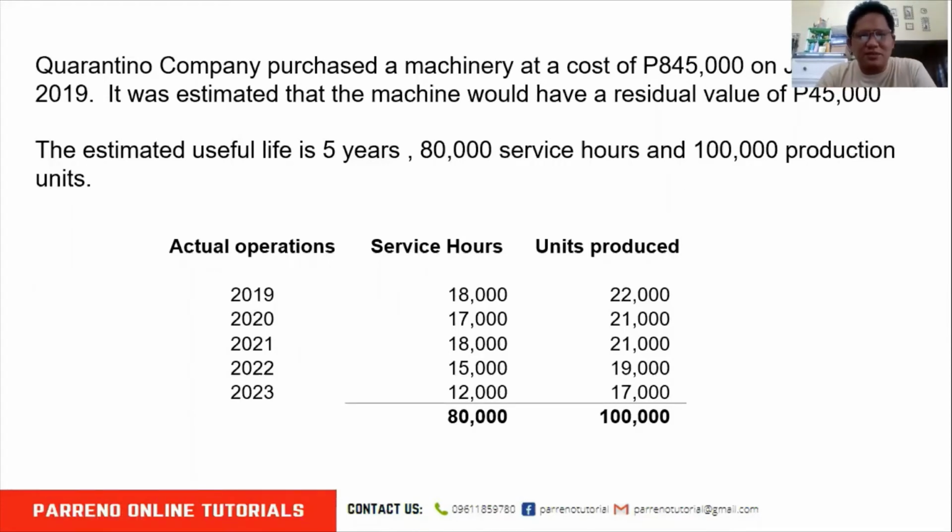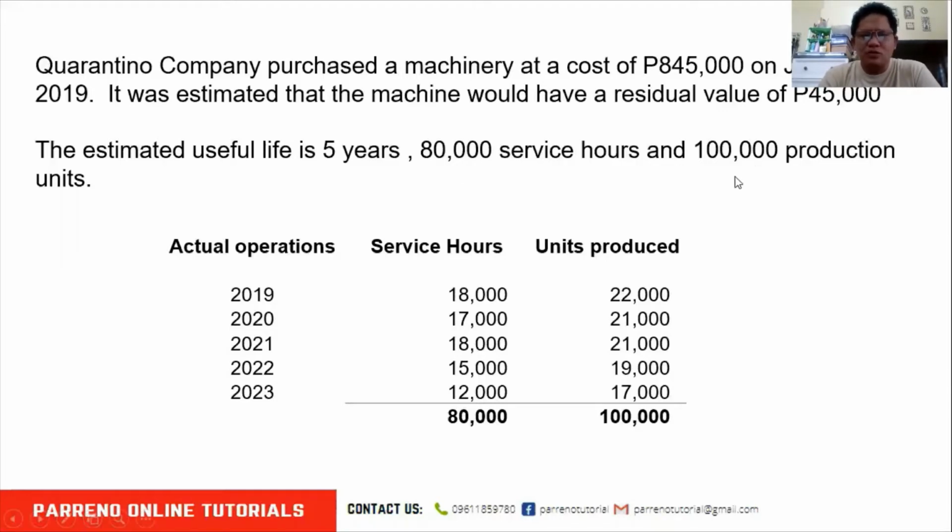So let's proceed. Quarantino Company purchased a machinery at the cost of $845,000 on January 1, 2019. It was estimated that the machinery has a residual value of $45,000, or the scrap value. Its life is 5 years, 80,000 service hours, and 100,000 based on units to be produced.